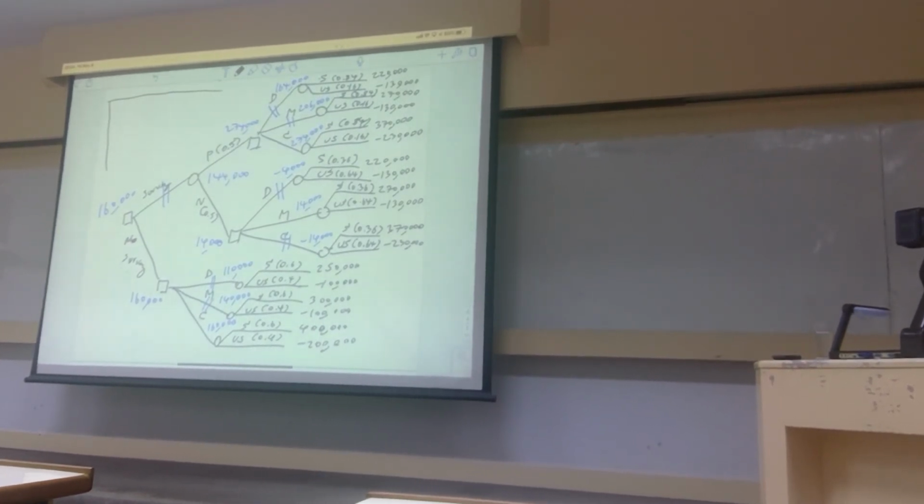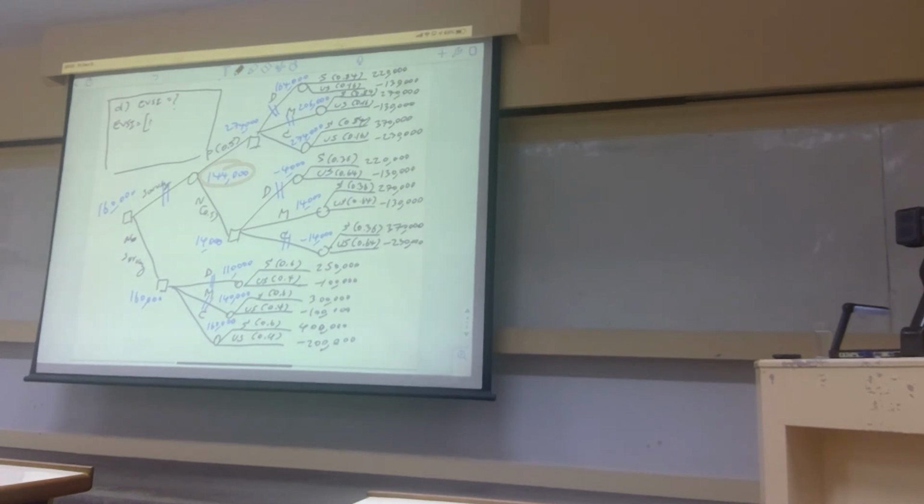And this is for question D. Remember, in this case, we use the EMV for the case that we have information. We have 144,000.